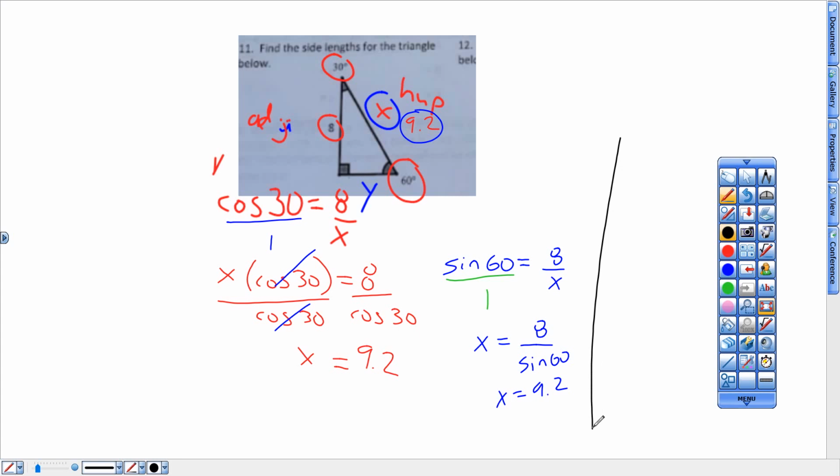Can you try one for me real fast on your paper? If I gave you this and this was 10, and you're coming in from 30 up here, can you just do a real quick practice one? Can you solve for that x using that triangle? Because it would be the same cosine 30.